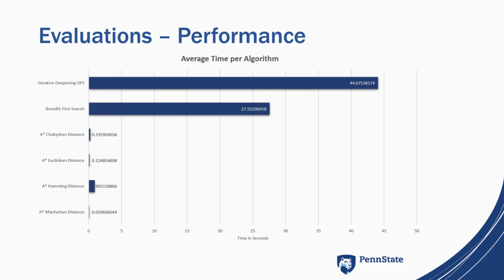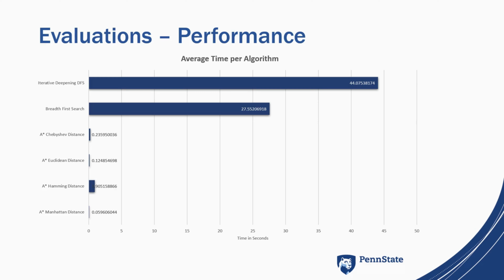This slide visually represents the average time taken by each algorithm using a bar chart, which further emphasizes the superior performance of A star with Manhattan distance in terms of time efficiency.